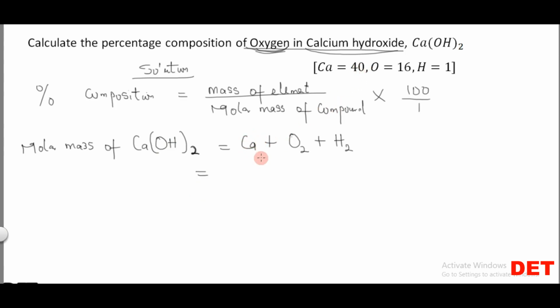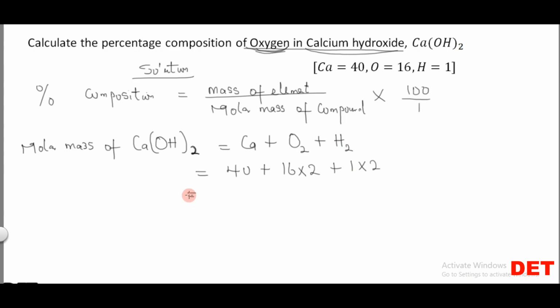What is the relative atomic mass of calcium? It is given as 40. So 40 plus the relative atomic mass of oxygen, which is 16, times the 2 atoms of oxygen in this compound, plus the relative atomic mass of hydrogen, which is 1, times 2, representing the 2 atoms of hydrogen present in this compound.